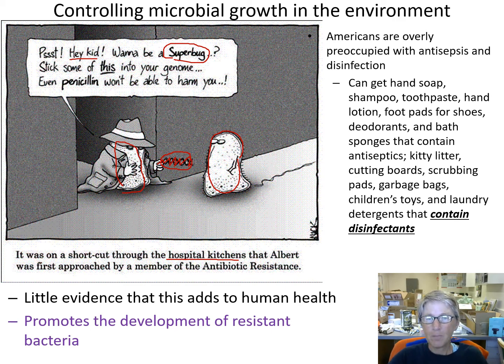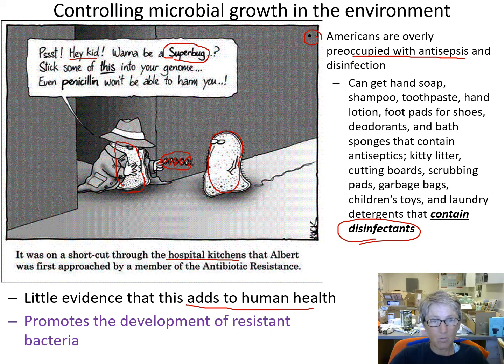It says here in this bullet, Americans are overly preoccupied with antisepsis and disinfection. You can get your soap, your shampoo, your toothpaste, etc., all of which contain disinfectants. There's little evidence that putting disinfectants into all these items adds to our human health.